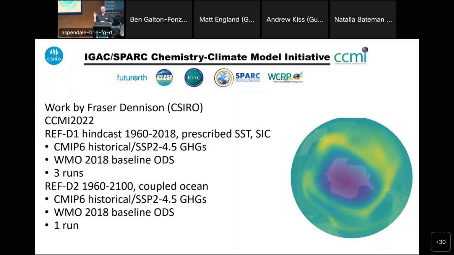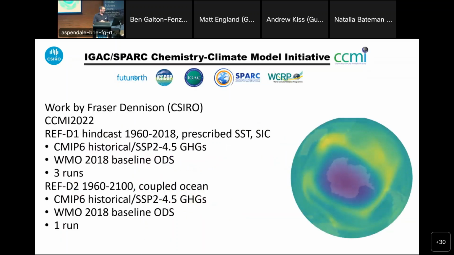Just a bit of a plug for some work that Fraser did with the CCMI initiative, the Chemistry Climate Model Initiative. Basically, it's like a CMIP for chemistry models. A couple of simulations that Fraser did, RefD1 and RefD2: a hindcast simulation constrained with prescribed sea surface temperatures, like an AMIP-like simulation, over basically the ozone hole time period.